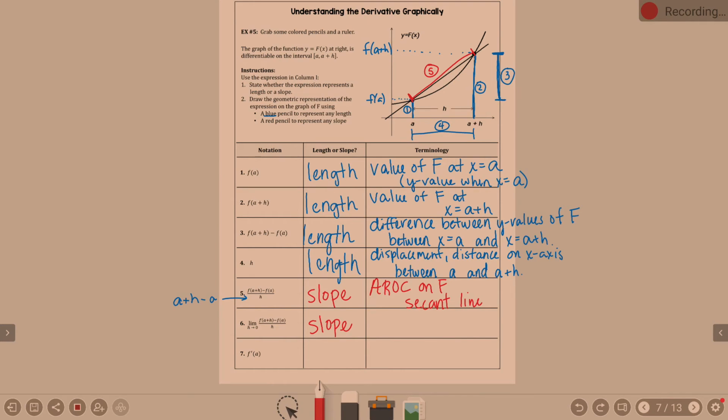Because it is the slope at the point of the tangent line, this is our instantaneous rate of change. Okay, it's our IROC, and this is the slope of the tangent line. You could also call it f prime of x, but it is slope of the tangent line.